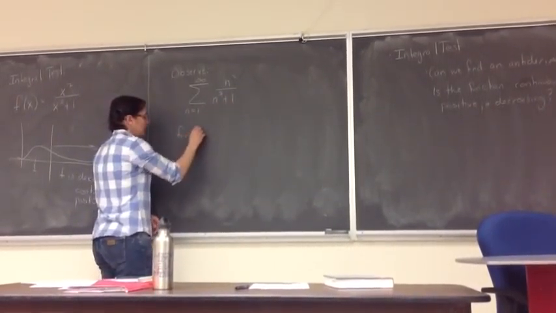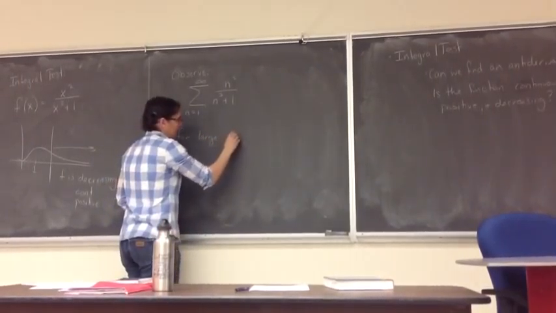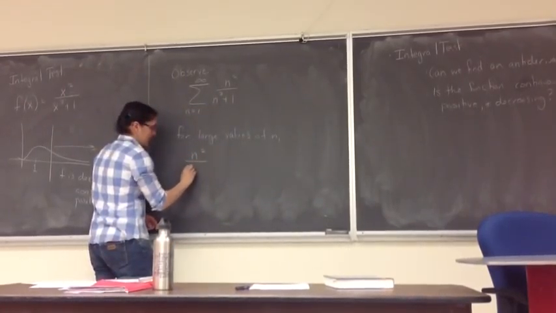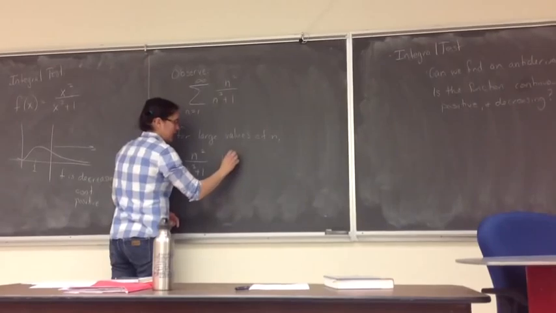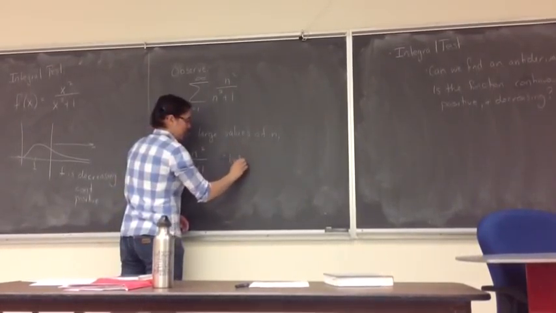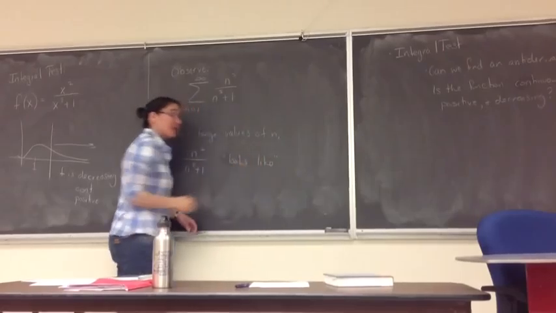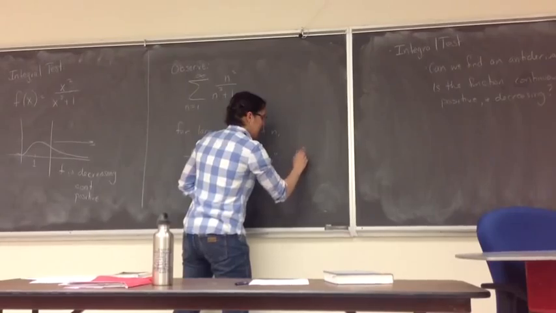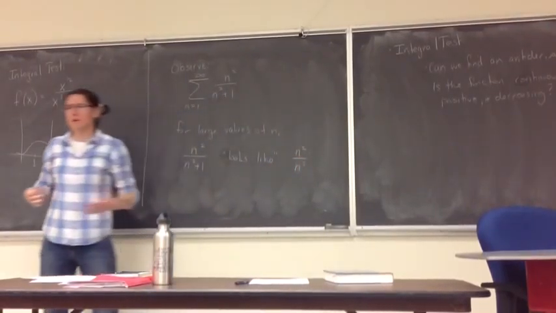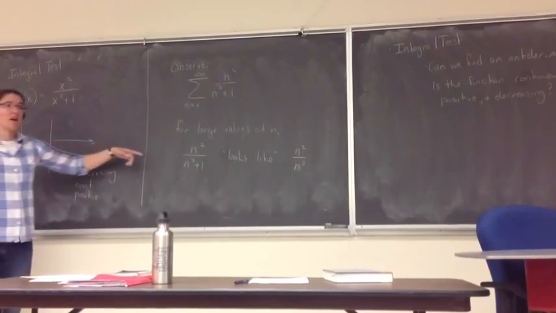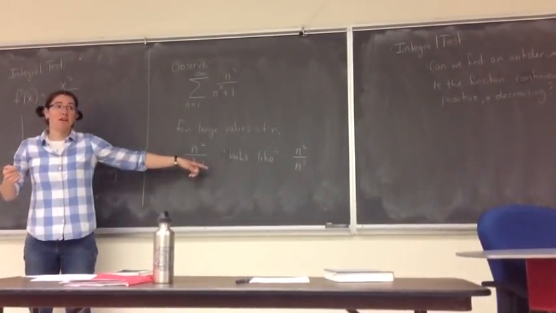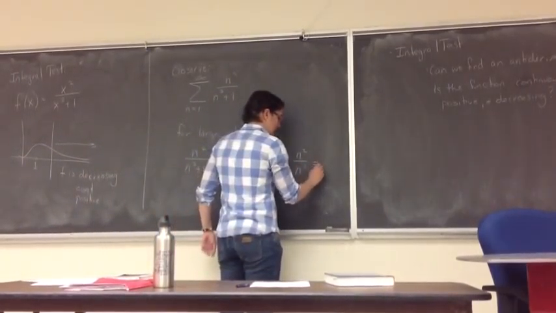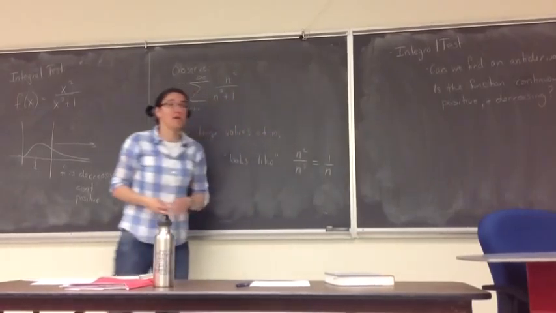So for large values of n, n squared over n cubed plus 1 looks an awful lot like n squared over n cubed. I mean, if you're talking about a million squared over a million cubed, that plus 1 is not going to make any difference to us in the world. And so this term looks an awful lot like n squared over n cubed, which if you simplify it is 1 over n.